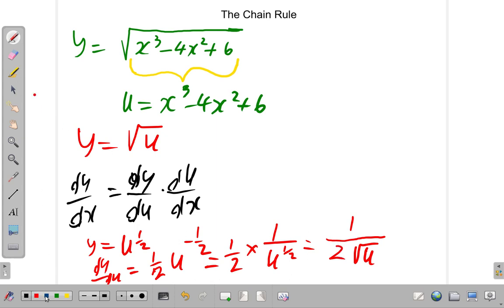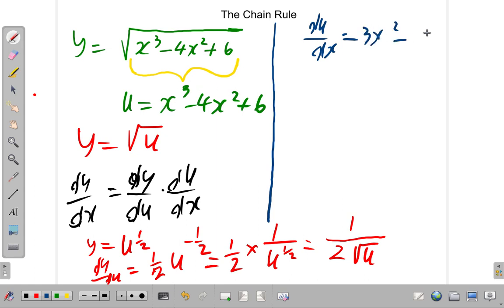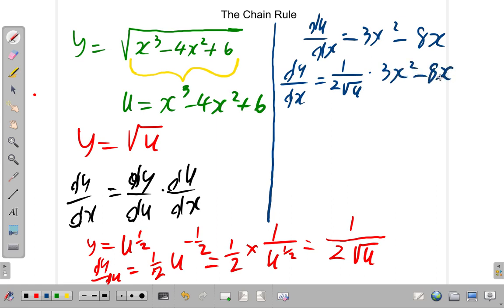Now, let's look at du by dx. Let's partition the board and work up here. So du by dx is equal to 3x squared minus 2 fours 8x. You see that? So therefore, dy by dx is equal to dy by du, which is 1 over 2 square root of u, times du by dx, which is 3x squared minus 8x.